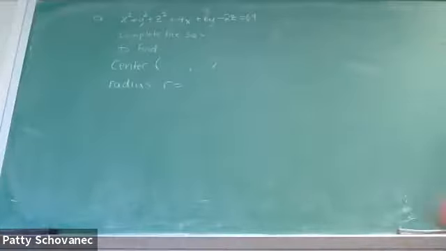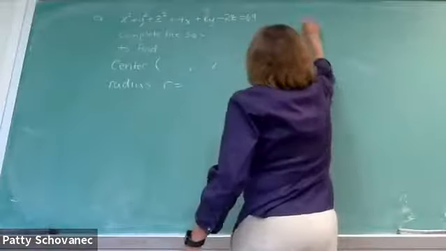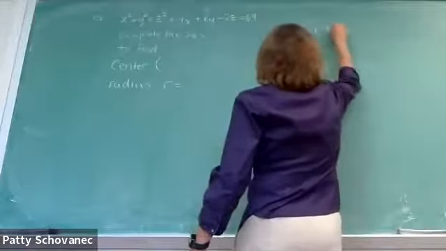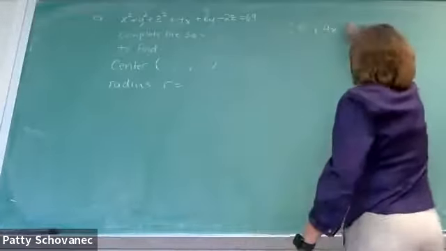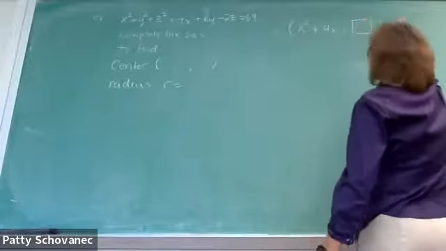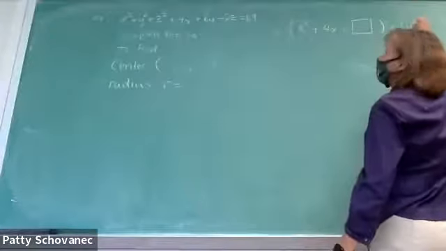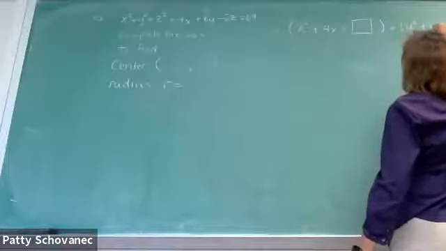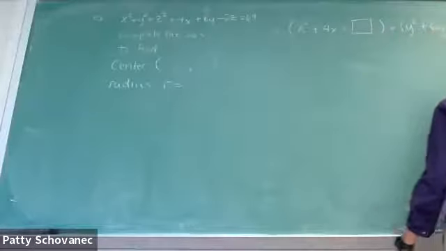I'm going to shuffle furniture here. I'm going to put the x's together, so I'm going to move the 4x over here, and then leave a gap to add a number. Do the same thing with the y's, and I'm going to add a different number.